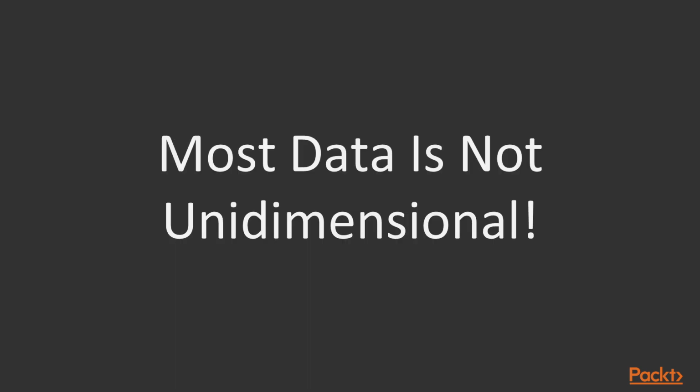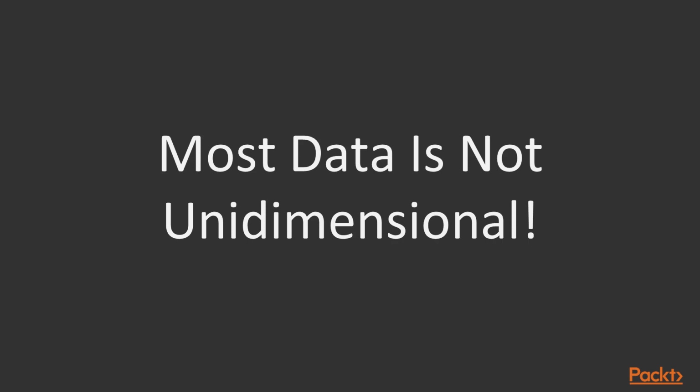The other reason visualization is really important is that most data has dimension to it. It's not just a collection of numbers. It's actually collections of sets of numbers with relationships between them, whether that be something like an unemployment percentage as a function of time, or alcohol usage in different geographical distributions.